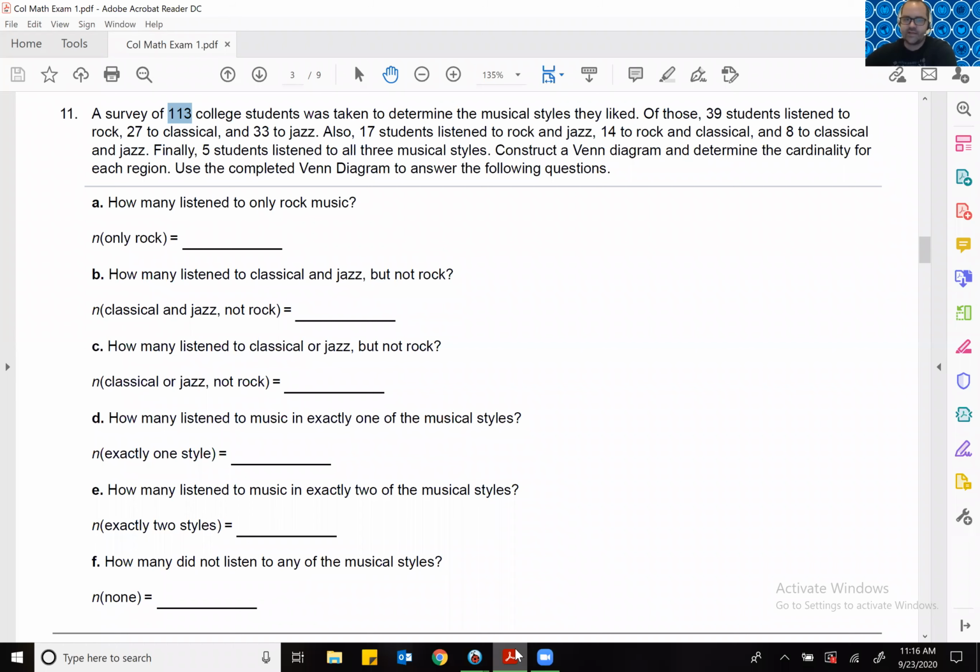So I'm going to write these down real quick. Part B is about how many are classical and jazz, not rock. Then it's pretty much the same question. The only difference is instead of the and, it is or.